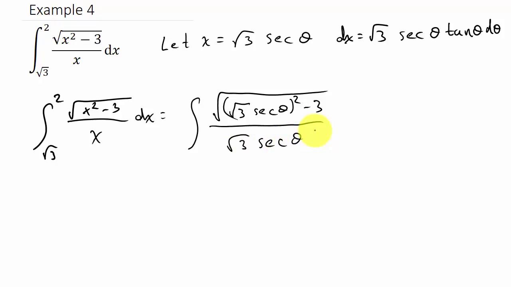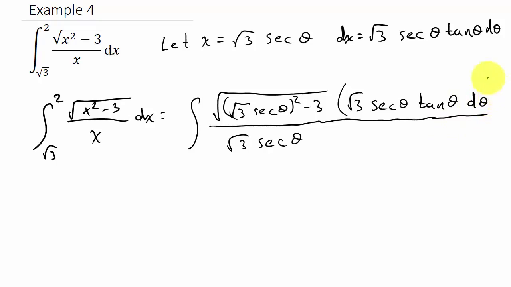And then we've got to plug in for dx also, so that's times, and I'm going to extend this out and put it in the numerator, square root of 3 secant theta tangent theta d theta.